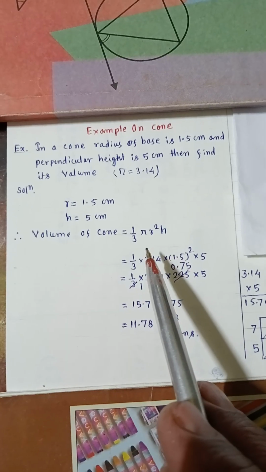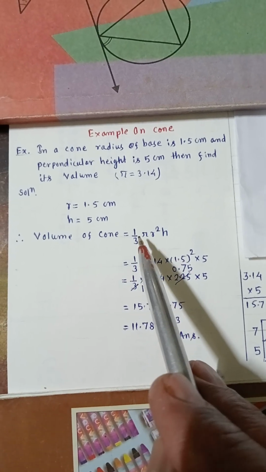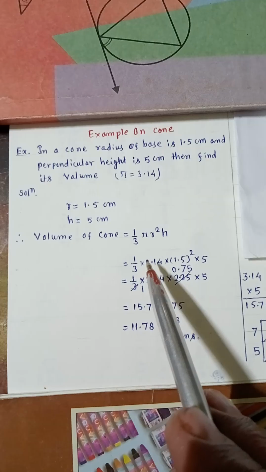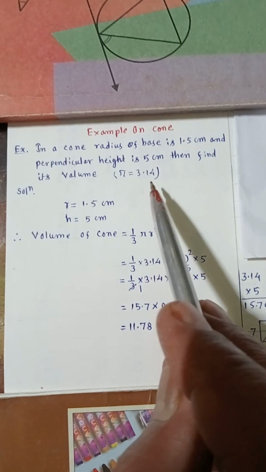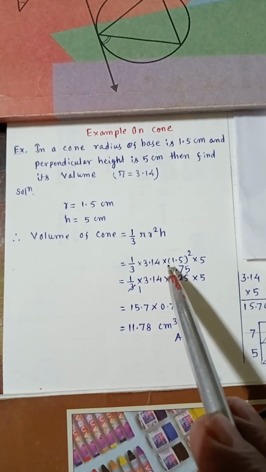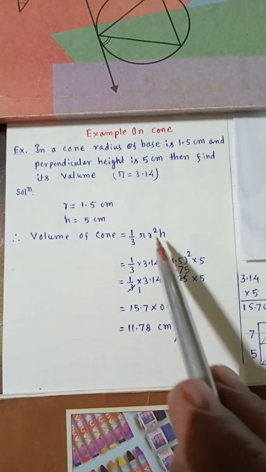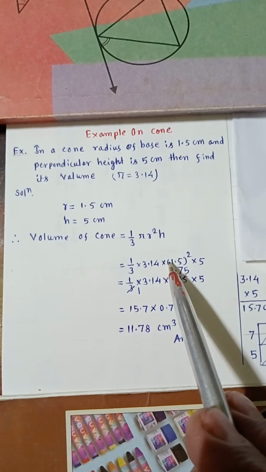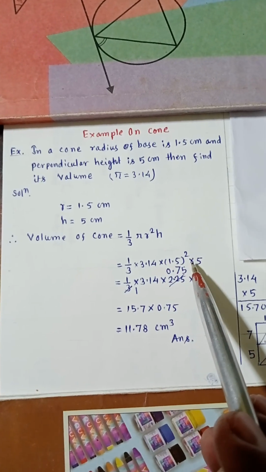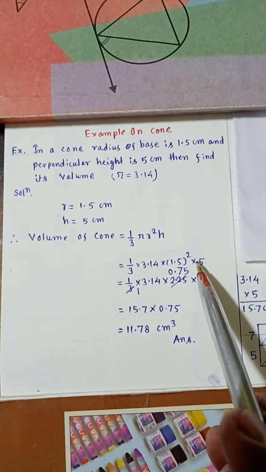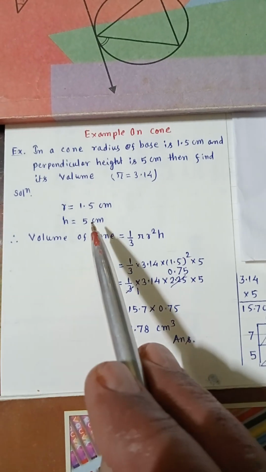Put value in the formula. Volume is equal to 1/3 into value of pi, 3.14, into value of r, 1.5, r square, that is 1.5 bracket square, into value of h, which is 5.